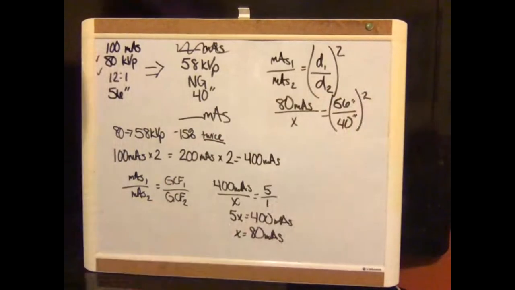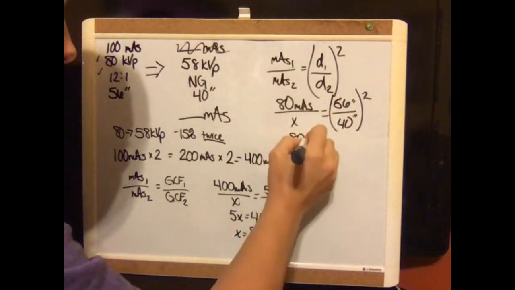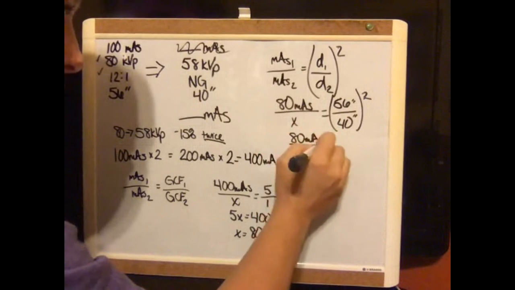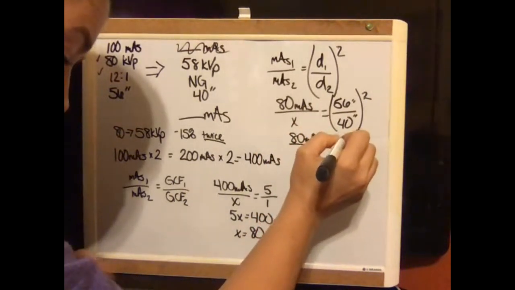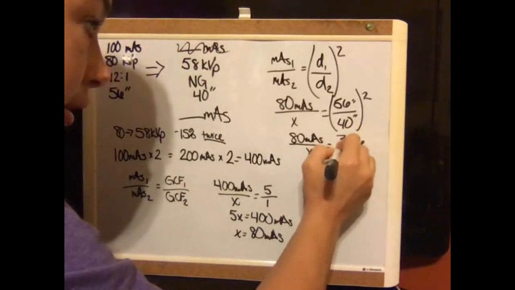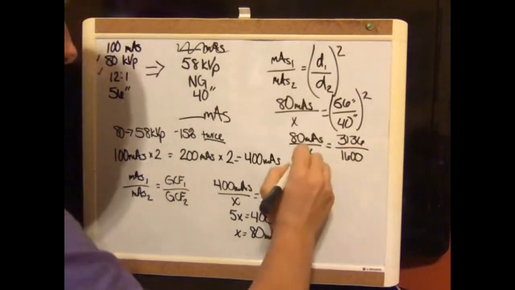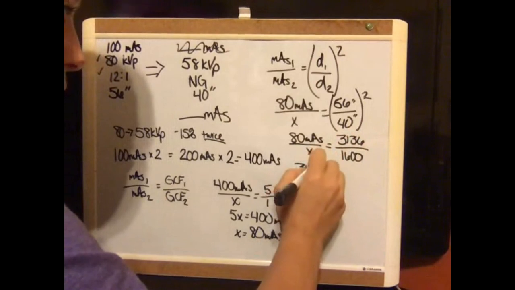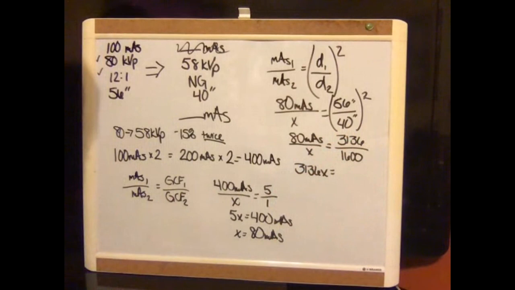Let's see what these numbers are. Keeping our 80 mAs over X, squaring this, 56 times 56 is 3136. 40 squared is 1600. 3136 X is equal to 1600 times 80.